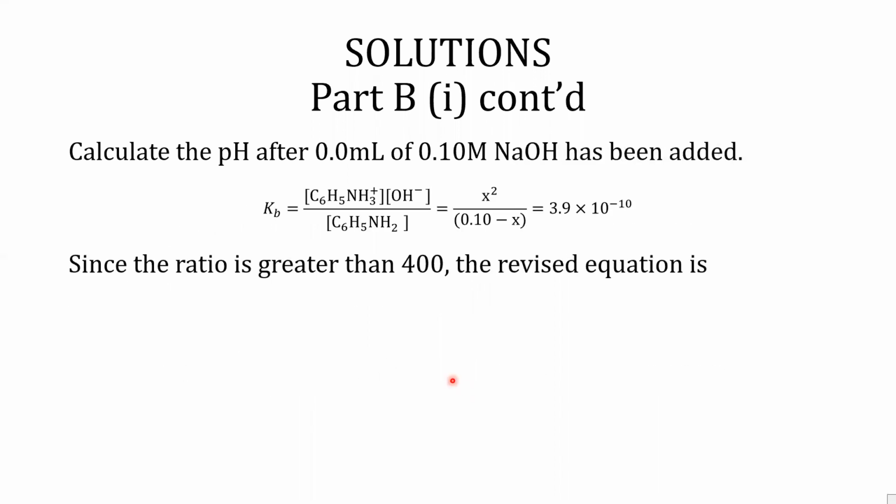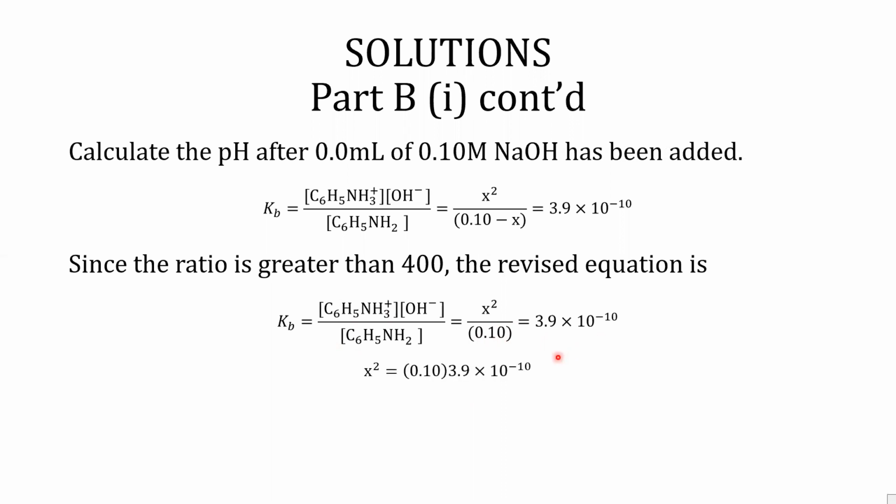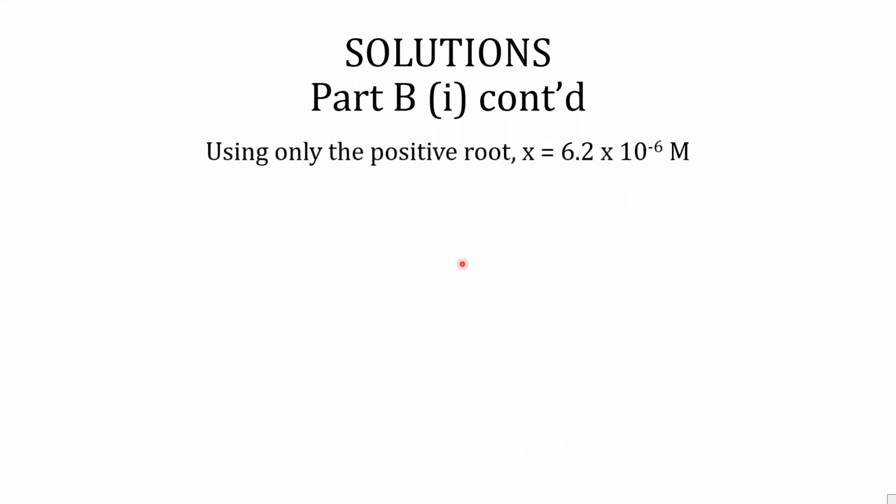The revised equation is X squared divided by 0.10 equals 3.9 times 10 to the minus 10. To solve for X, take the square root of the product of 0.10 times 3.9 times 10 to the minus 10, which equals plus or minus 6.2 times 10 to the minus 6 molar. Using only the positive root, X equals 6.2 times 10 to the minus 6 molar.